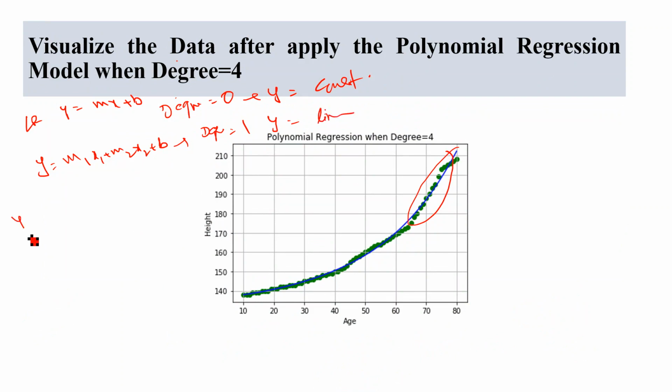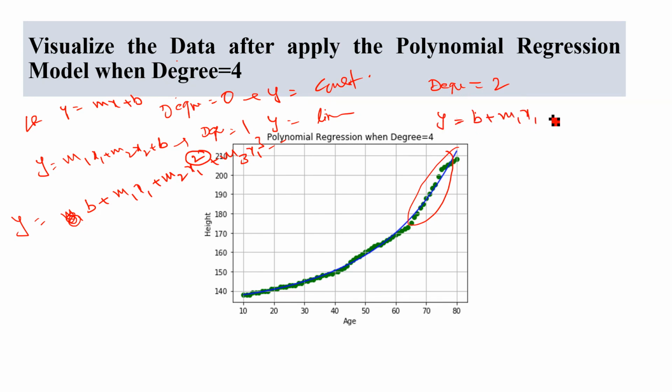Suppose our y is equal to b plus m1 x1 plus m2 x1 square plus m3 x1 cube, like that. So here the power is nothing but the degree. Suppose if degree 2, our equation will be y is equal to b plus m1 x1 plus m2 x1 square.